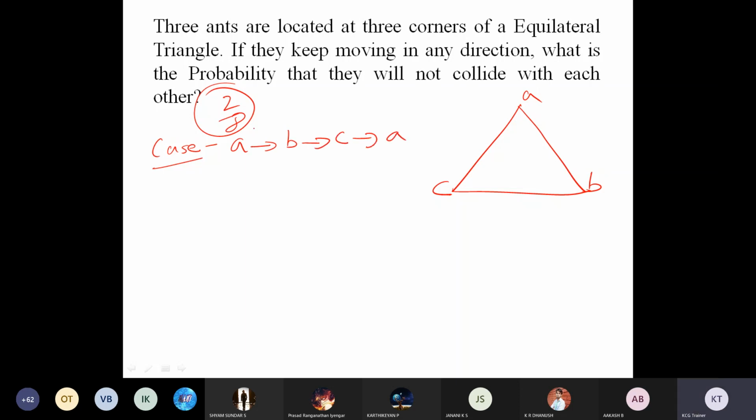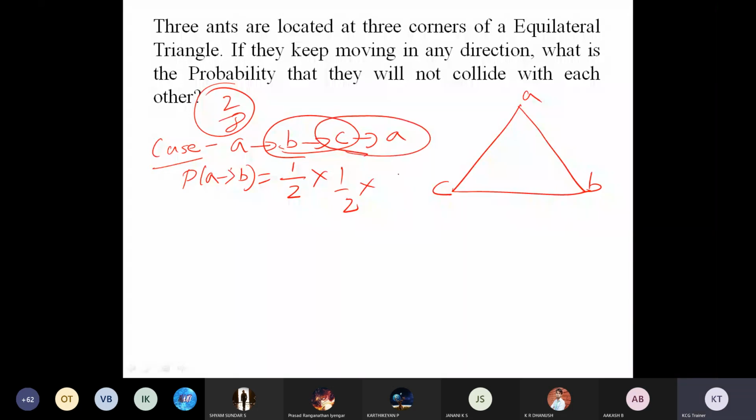What is the probability of A to B? A has 2 directions, either towards B or towards C. Out of the 2 directions, I want the probability of A going towards B, that is 1 by 2. Similarly, the probability of B going towards C is again 1 by 2.